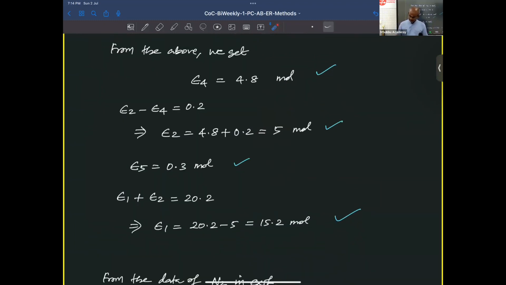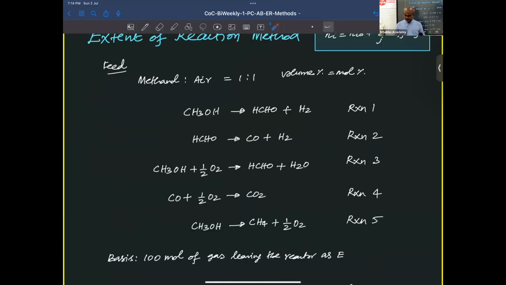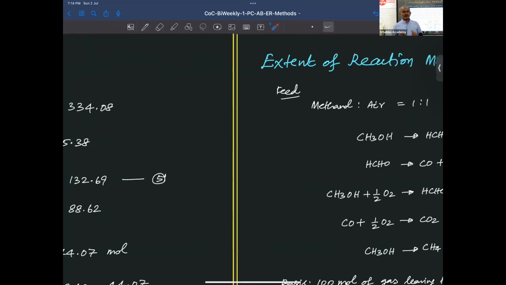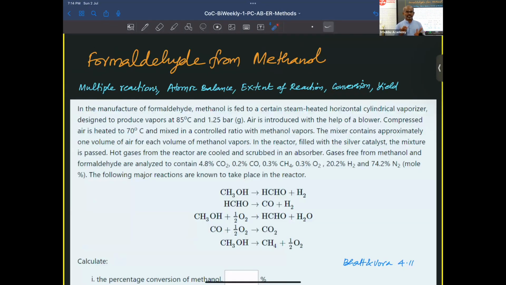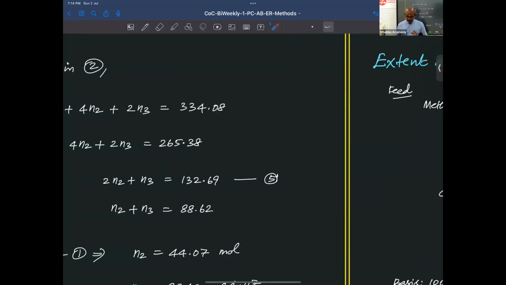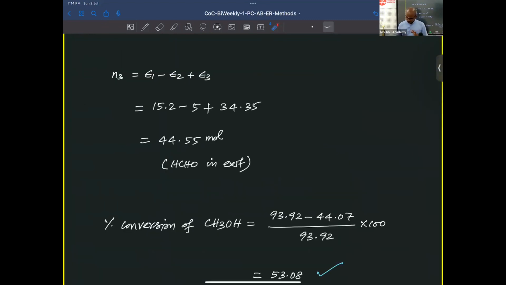To summarize, these two methods, though appearing lengthy, are very convenient. A solution is guaranteed, whereas with the usual molecular balance we have to start properly; otherwise, many times we keep trying to start. Here there is no such starting trouble. So we have done these two examples.